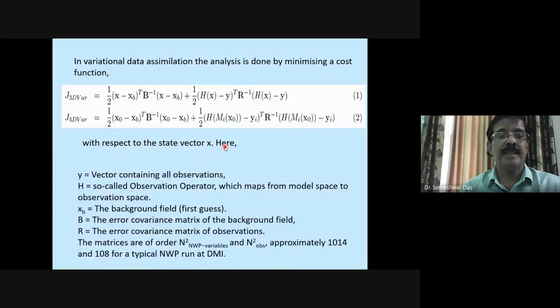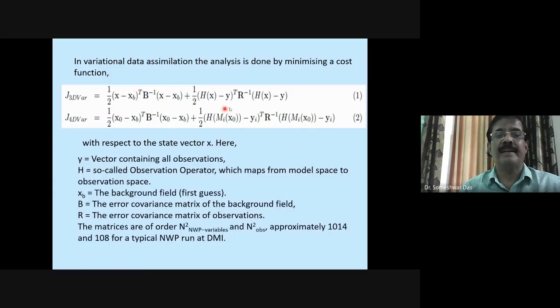Here, y is the vector containing all observations. These are the observation vectors. H is the so-called observation operator, which maps from model space to the observation space. XB is the background field, that you know already.